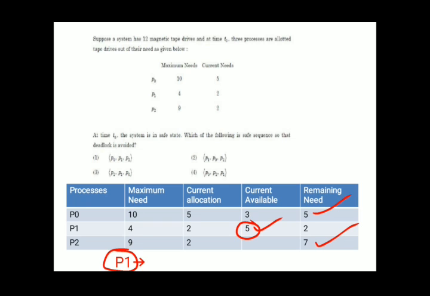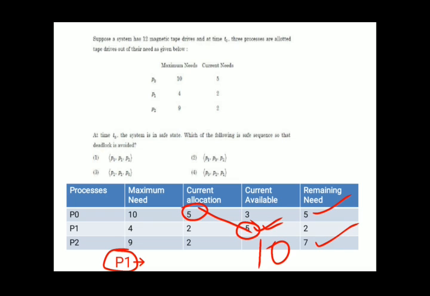The resources that we had allocated to P0 earlier, and the resources that we have just allocated to P0, P0 will release all of them. Okay, so now the available resources are 5 plus 5, which is equal to 10.